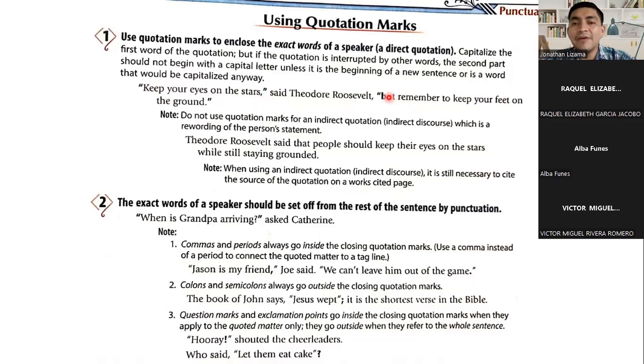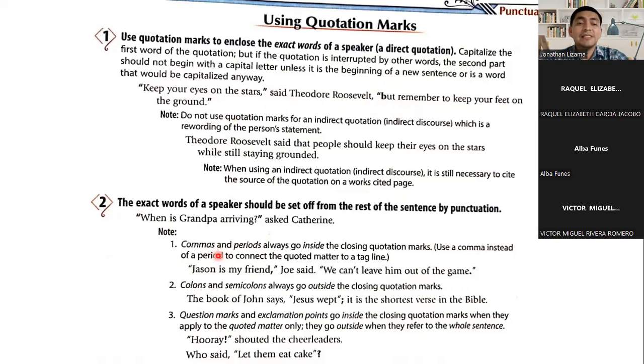Because you're having a coordinating conjunction right here. In all the coordinating conjunctions, you need a comma before it is written. Keep your eyes on the star, comma, said Theodore Roosevelt, comma, because when you say Theodore Roosevelt said, comma, you have to remember the rule, but remember to keep your eyes on the ground.